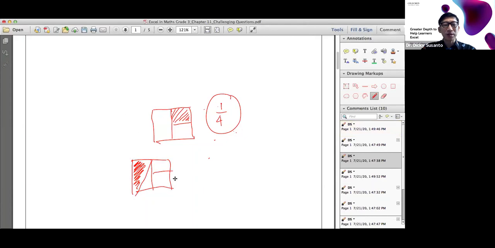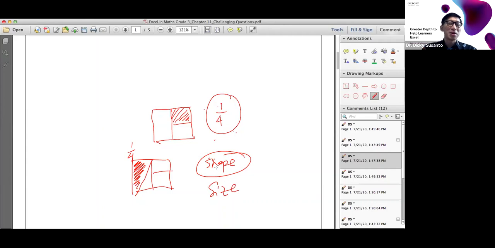We have squares here, we have a triangle, but we can still see that this is 1/4. So an important idea in fraction is that they should not focus on the shape. It's not about the shape, it's about the size. That's why earlier in the previous question, when we talked about fractions, the parts have to be the same. Now it has to be the same size. Doesn't have to be the same shape.